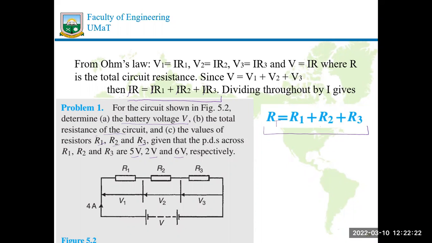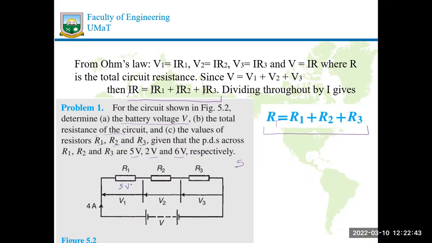So in such a case, we've been given the individual voltage drops. For the first one, we know it is 5 volts.